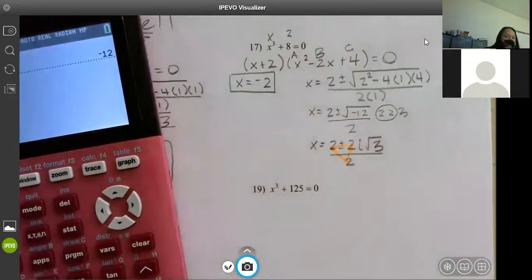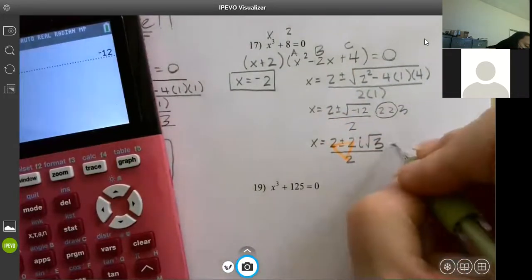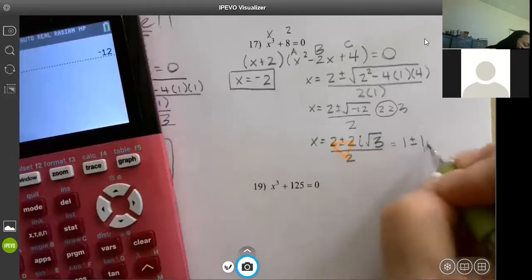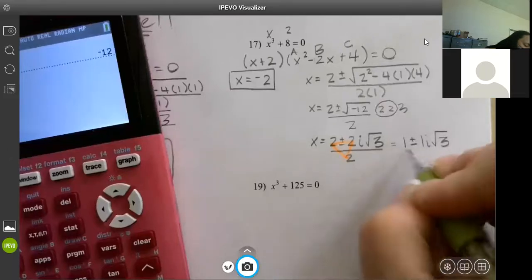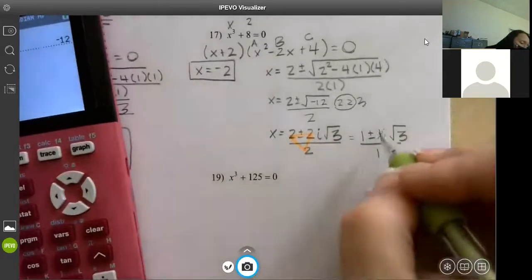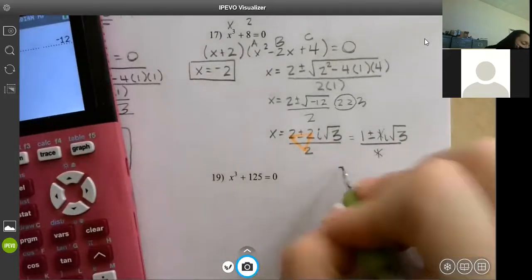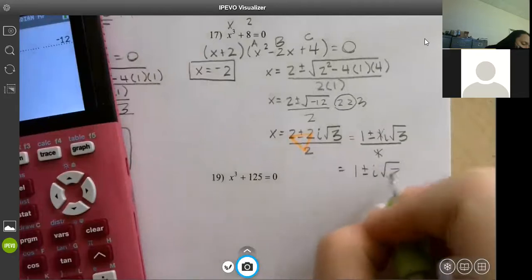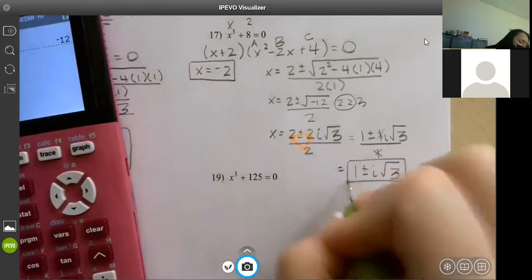Last step is your triangle of numbers. All divisible by 2, so 1 plus or minus 1i square root of 3 over 1. But realize that this one and this one do not matter. The front one does. 1 plus or minus i square root of 3 is your final answer.